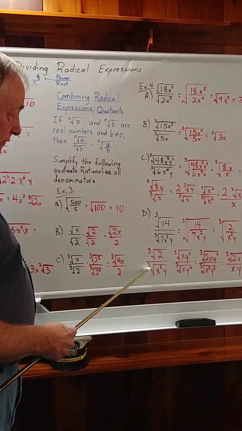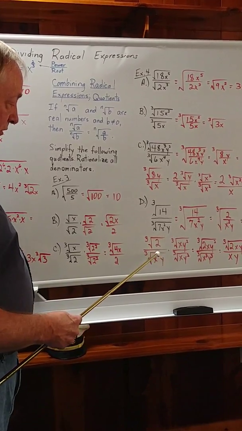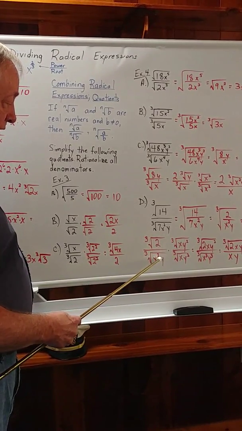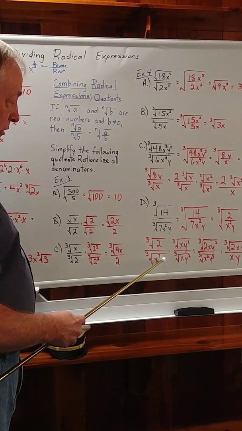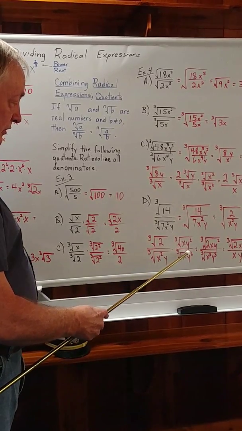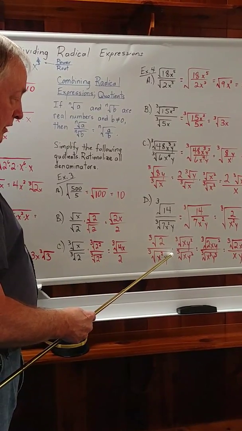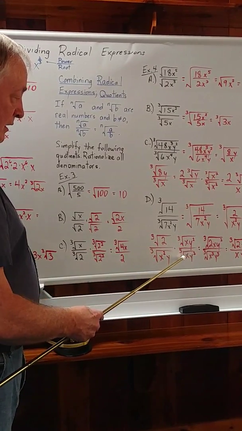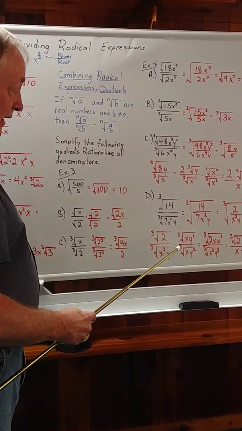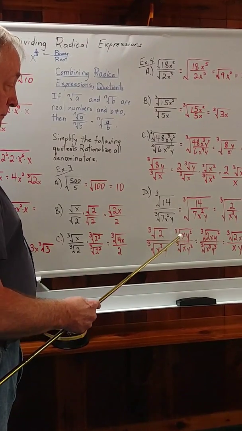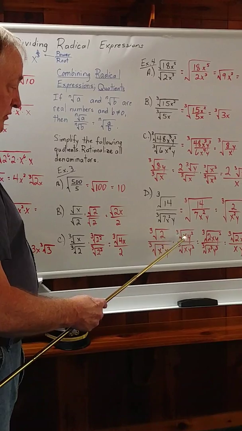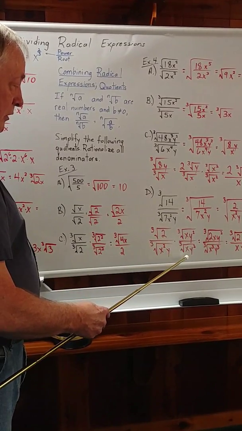Now, if I don't have third root, I can't multiply them together, so that's why this has to be third root. And that power is a 2, so I need one more to make 3. So that's why this is x to the first. And this is y to the first, and I need 2 more to make 3, so that's y squared. Now I have to put it over itself, and that way it is a form of 1. So the third root of xy squared over the third root of xy squared.